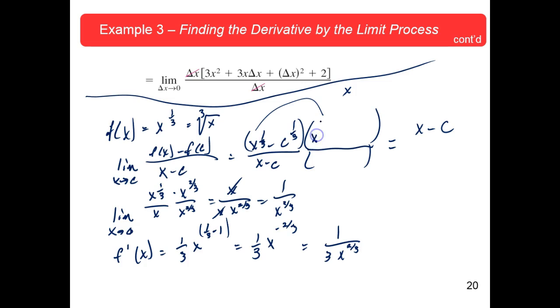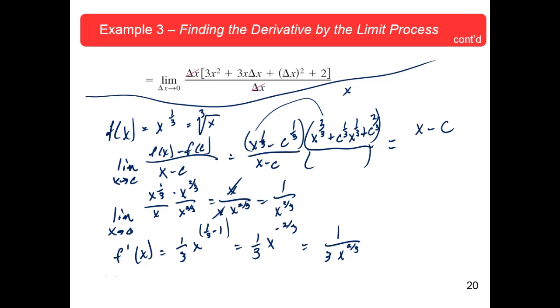If you do x to the 2/3 plus c to the 1/3 x to the 1/3 plus c to the 2/3. Let's try this and see if it works. This will give you x, right? This will give you a plus c to the 1/3 x to the 2/3.